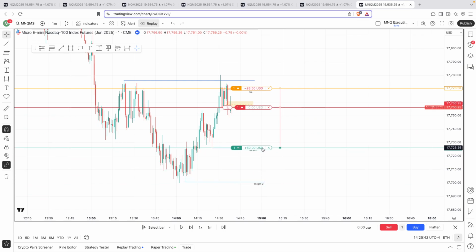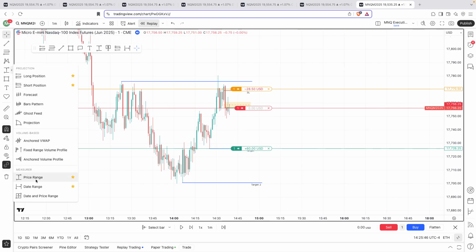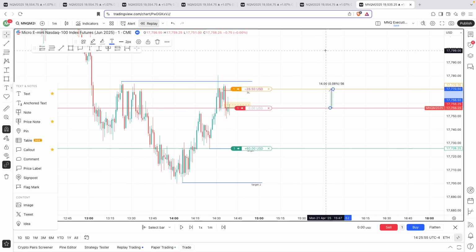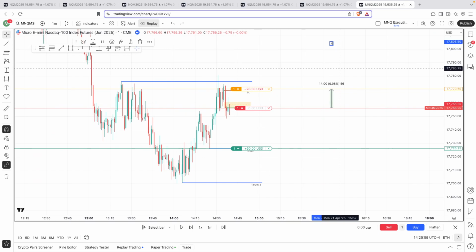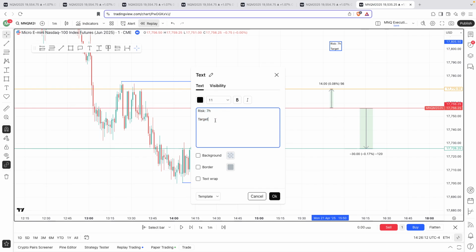I'll keep it like this for now. So this area is, so we enter here. We're risking $14. Target is 30 handles.